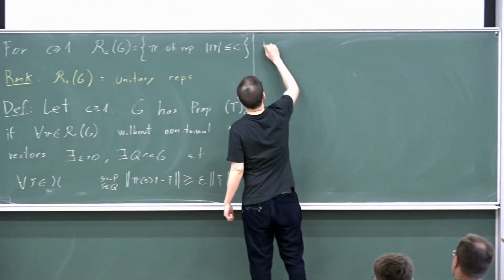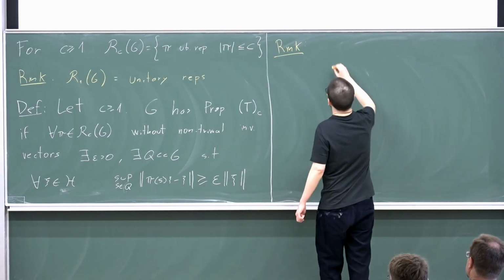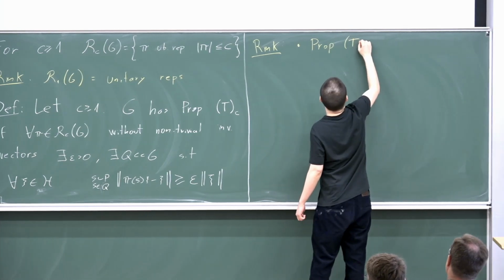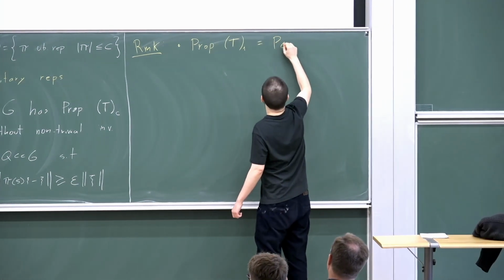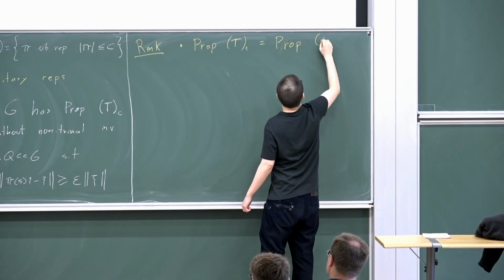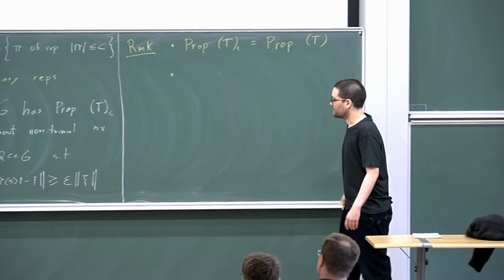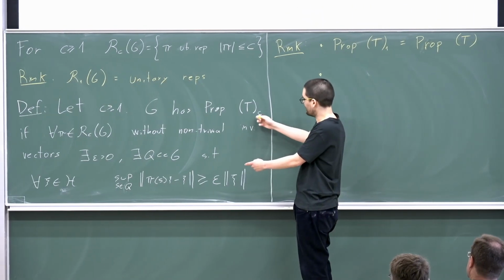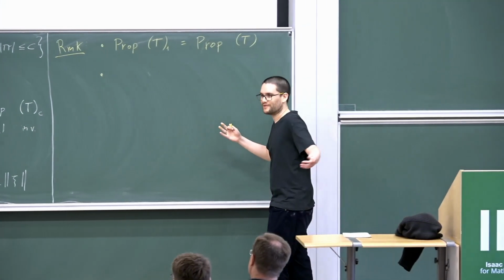So, remark. Property T_1 is exactly property T. We can see directly from the definition that if C grows, this property becomes stronger. In principle, it becomes stronger.